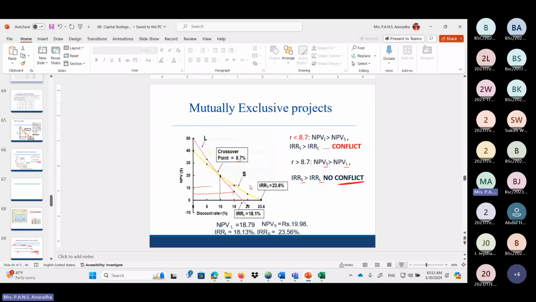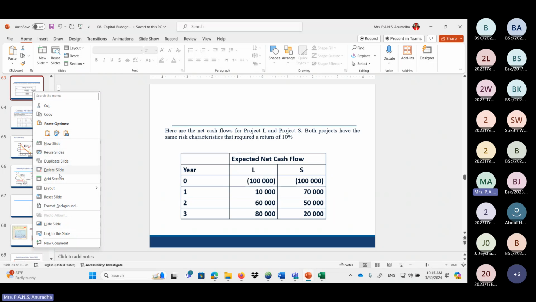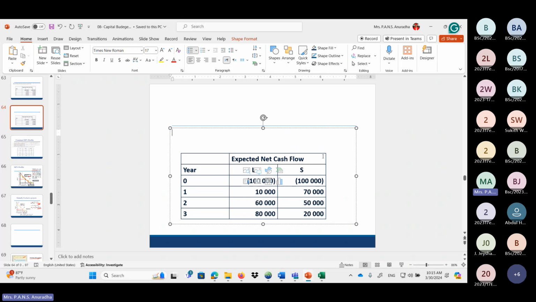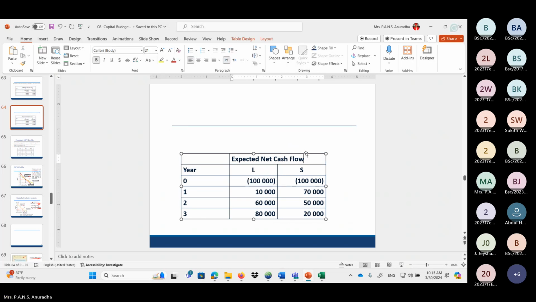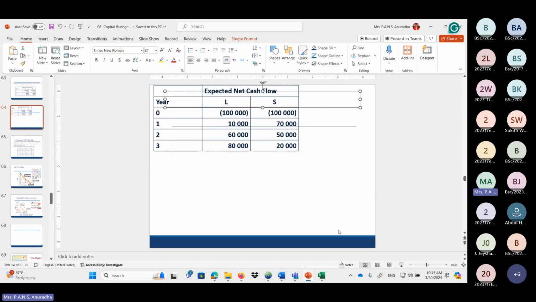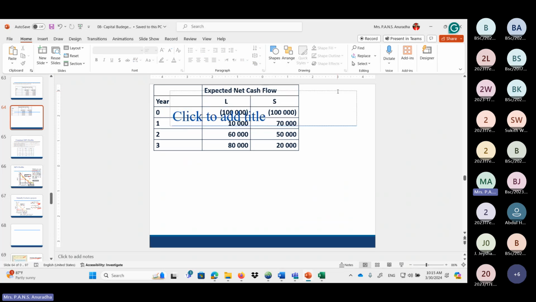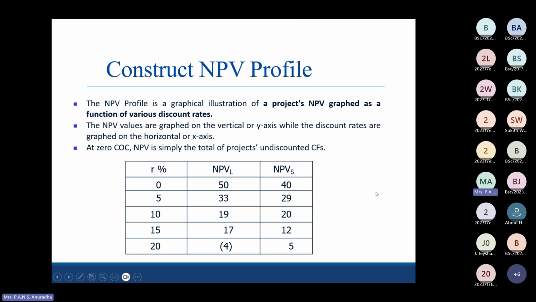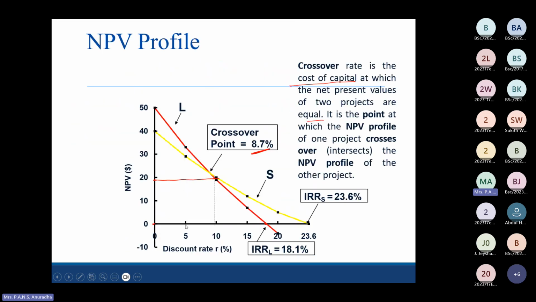So what you have to do, you may calculate the modified internal rate of return for these two projects at 5% cost of capital level, right? Calculate the MIRR at 5%. At 5% there is a problem.